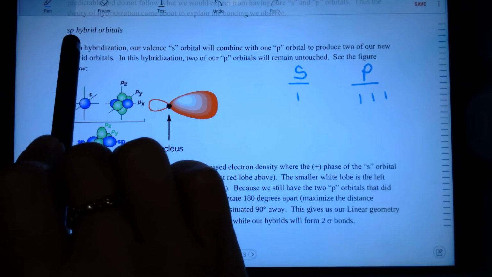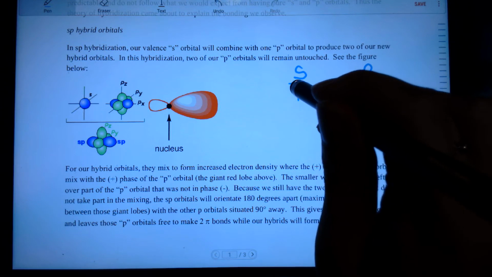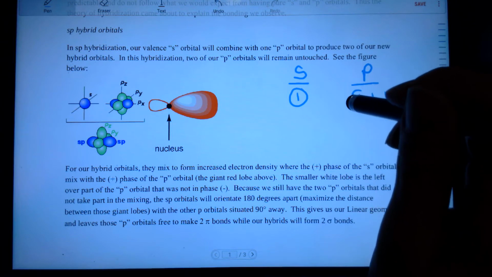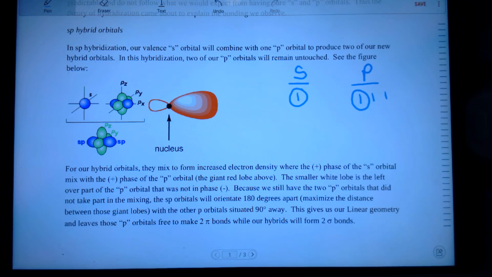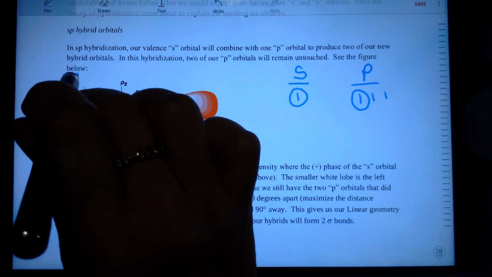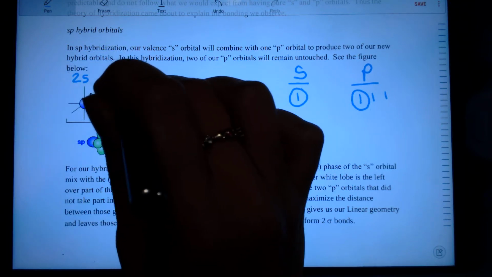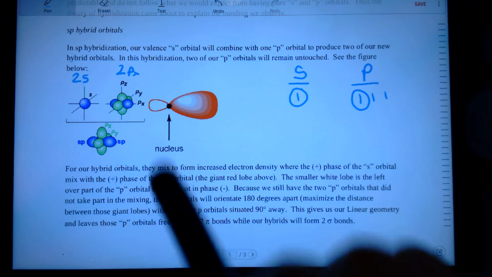To create what we call an sp hybrid orbital, we are going to take this s and one of the p's, and combine them into a hybrid orbital. Here we have the 2s, and in this picture the 2px.